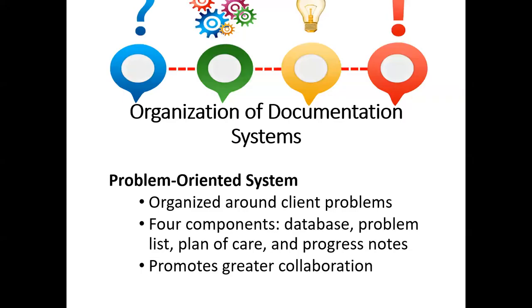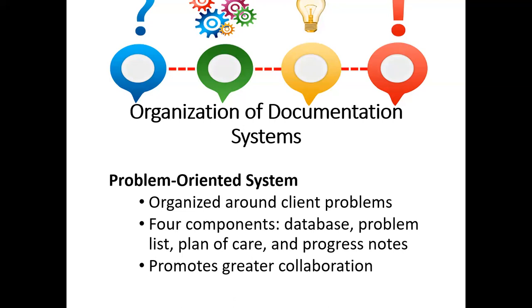The next is your problem-oriented systems. These databases provide a problem list, plan of care, and progress notes. They are basically a common problem list for the input from all disciplines. Second, it's easy to monitor the client's progress because each problem is readily identified in the note.